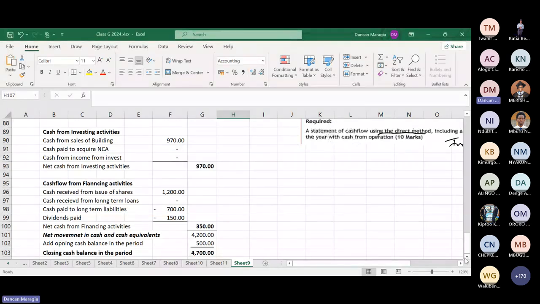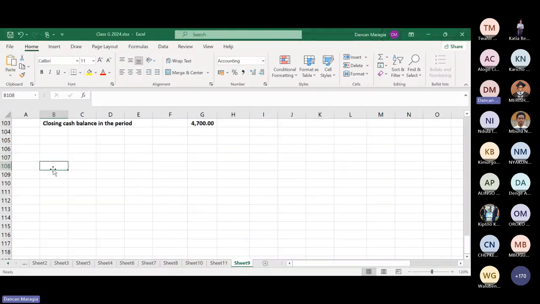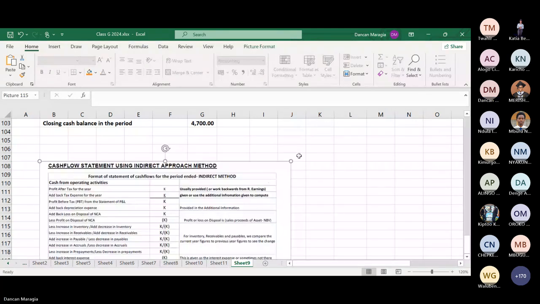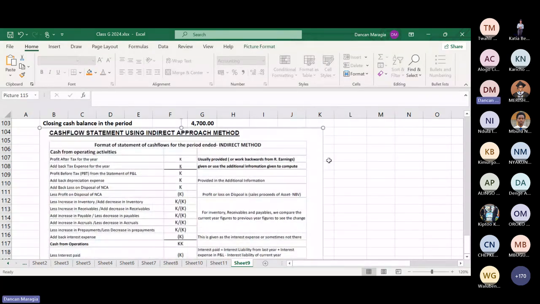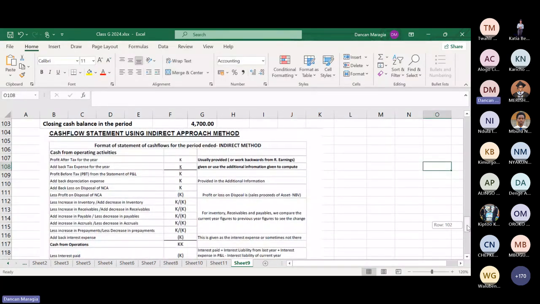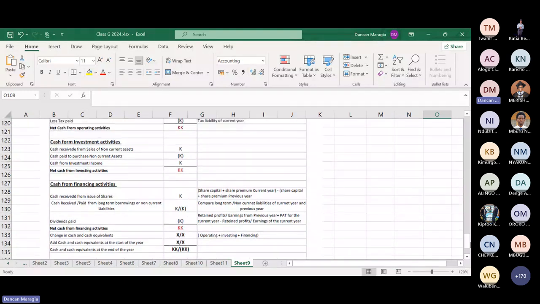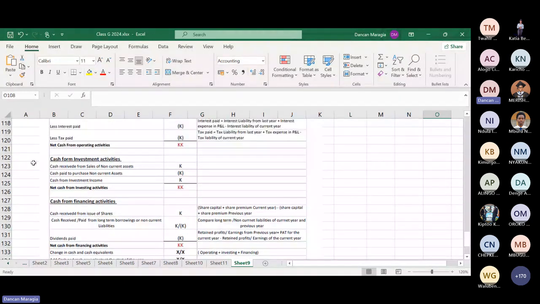Now, I want you to note the difference between the direct method and the indirect. So I'm going to start down here. This is the indirect and direct. Cash from investment activities, cash from financing activities.